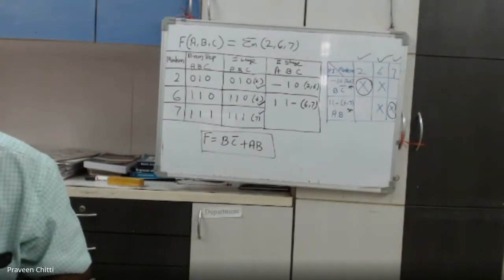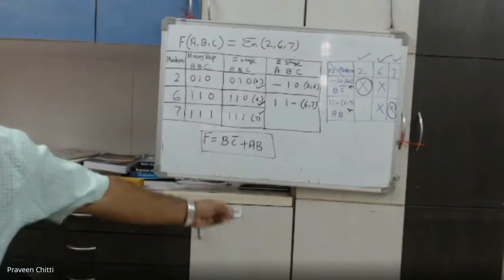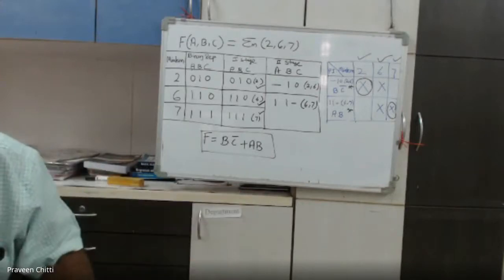Good, good. I'm seeing so many yes there. Okay, if there are no doubts, then we'll proceed with the next example. Because I have taken a very simple one to start with, I'll take one example with 4 variables now. Can we move forward? Yes, sir.